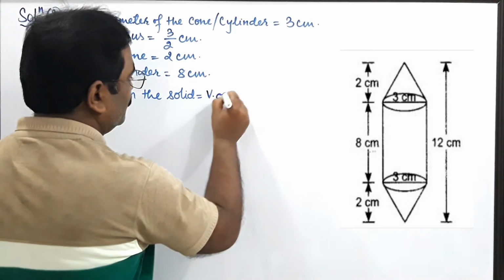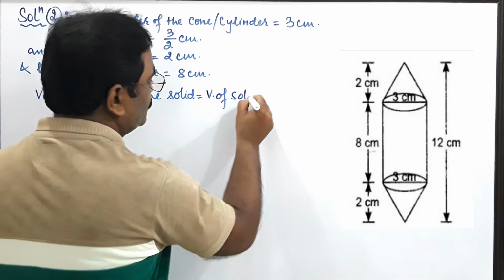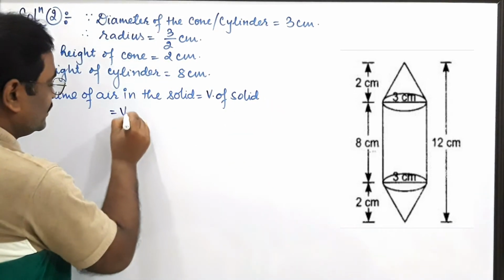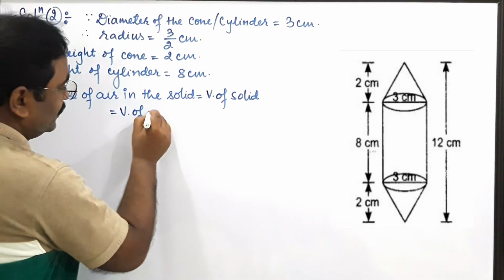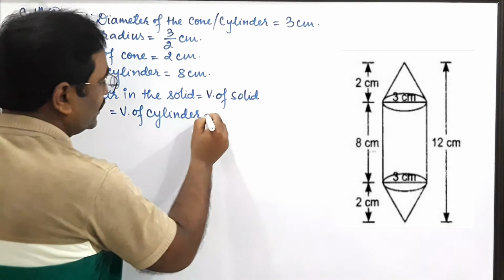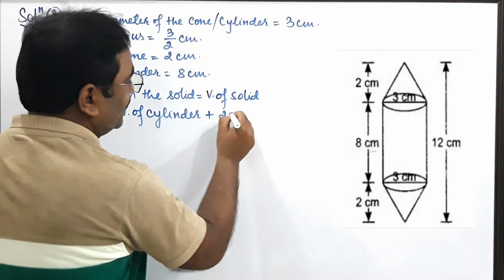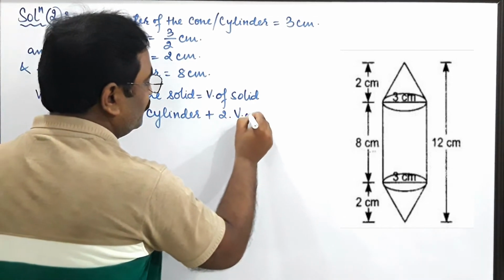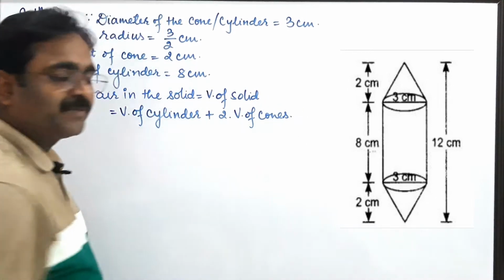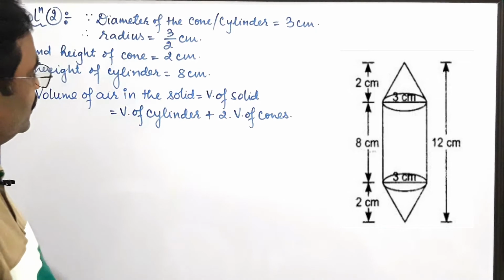Volume of solid, and this solid contains volume of cylinder plus 2 multiplied by the volume of cones. Okay, so let us substitute the formulas.